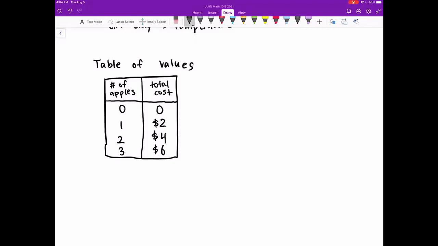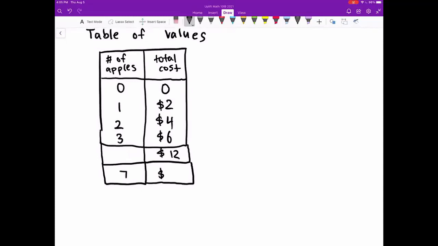We should do an example. For this table of values, we could have a question that asks how many apples would cost $12 and how much money would 7 apples cost you? In this case, we can see that the pattern is simply multiplying the number of apples by 2.